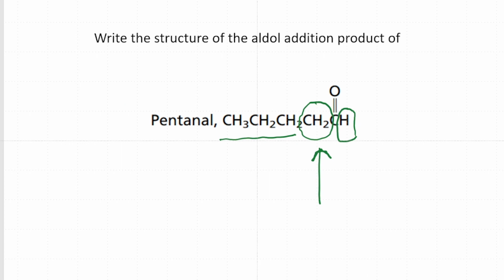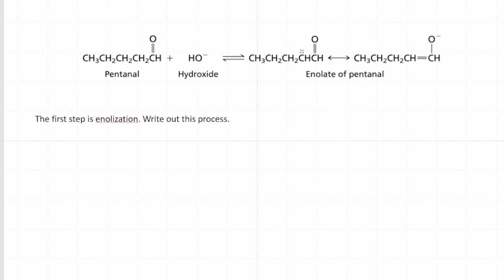If you assume that the CH2 can undergo enolization in the presence of base, then the first product that's going to be formed is the enolate, which of course exists in resonance with the carbanion, and that would be the first step of the reaction.